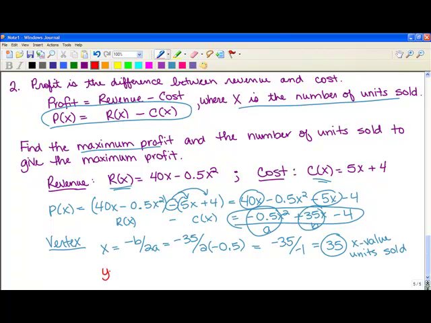Now we need to figure out the maximum profit, and that'll be the y value. So we'll take 35 and we'll plug it into our function for x. So it's negative 0.5 times 35 squared plus 35 times 35 minus 4.